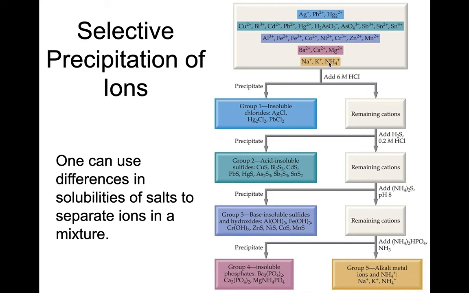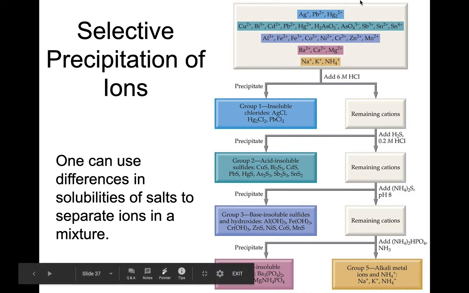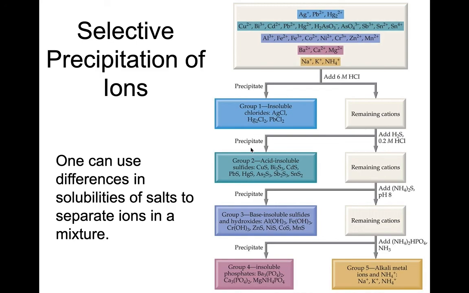We'll add NH3, ammonia, to precipitate out these combinations of our last couple ions. So that's just one option, one thing we could do. If we had a whole group of these dissolved, we could separate them out selectively by group.